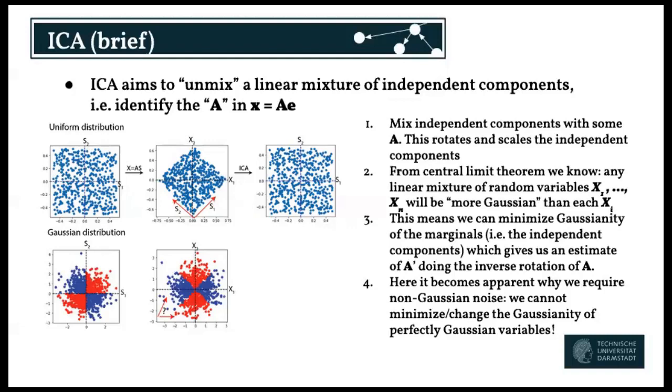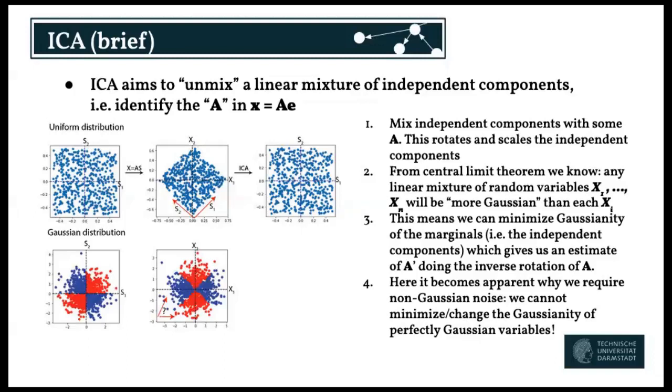And the central limit theorem tells us if we keep adding up random variables, the mixture will be more Gaussian than the components. So what ICA is doing is it minimizes Gaussianity of the independent noise terms. And by minimizing that, you can find the inverse process, which gives you this matrix in the end, and you end up with the independent signals again.